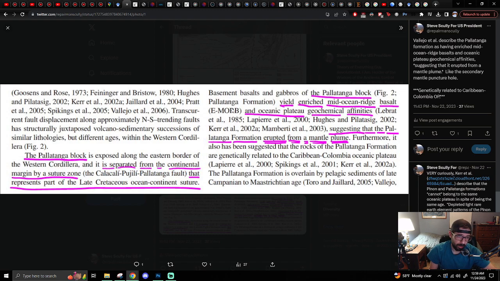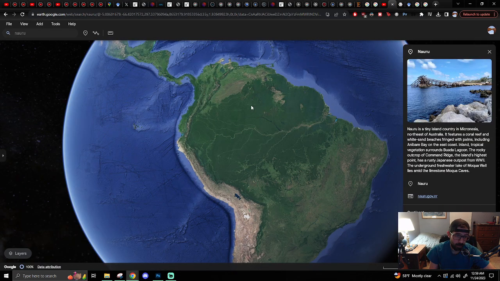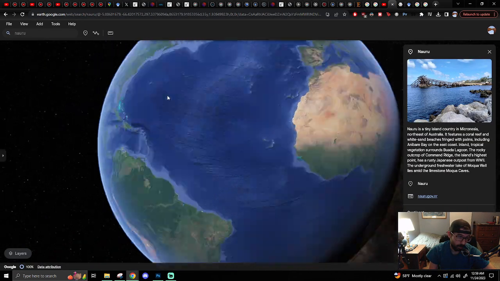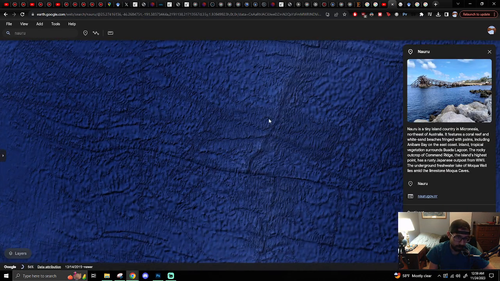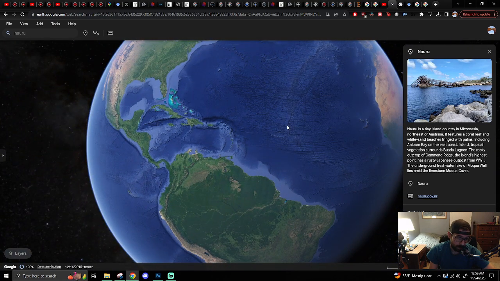MORB is like a standard term, meaning mid-ocean ridge basalts, meaning basalts that are coming from mid-ocean ridges. So like here's the mid-ocean ridge in the Atlantic. All these are pretty much the same.